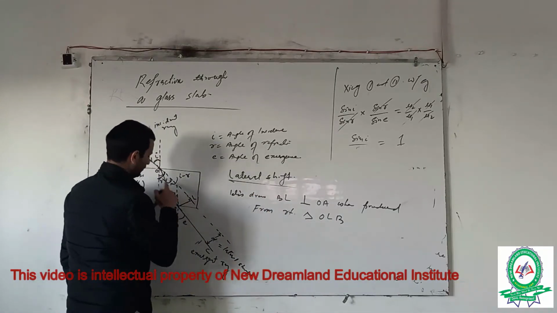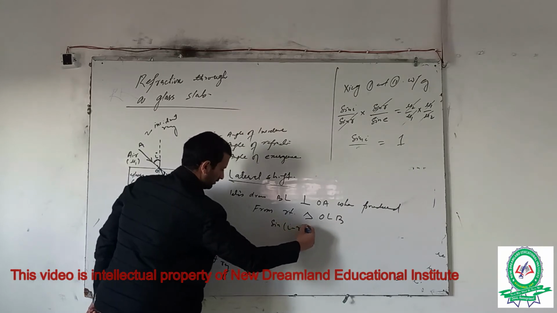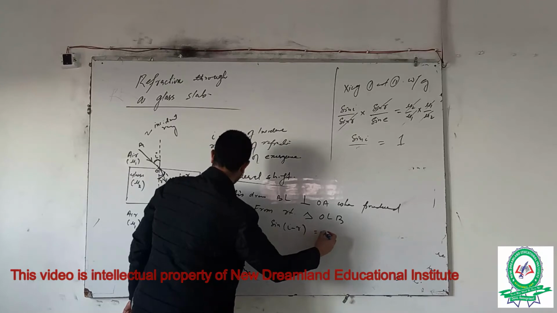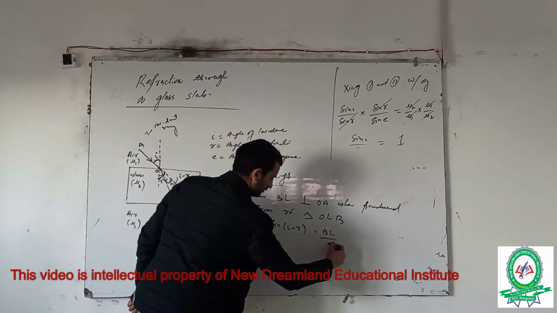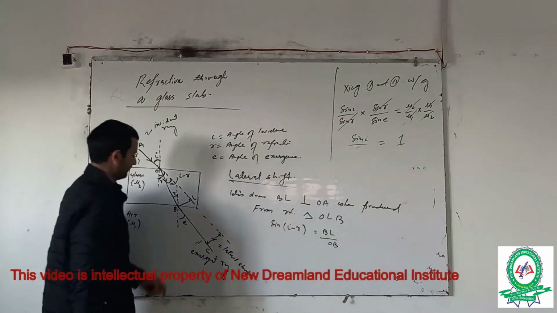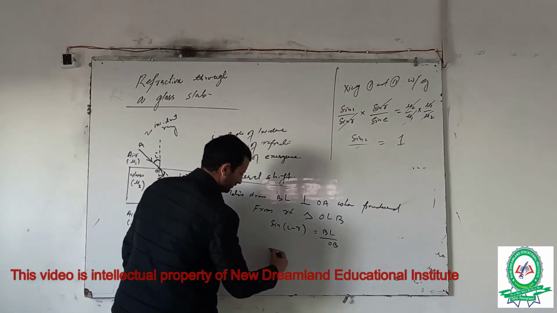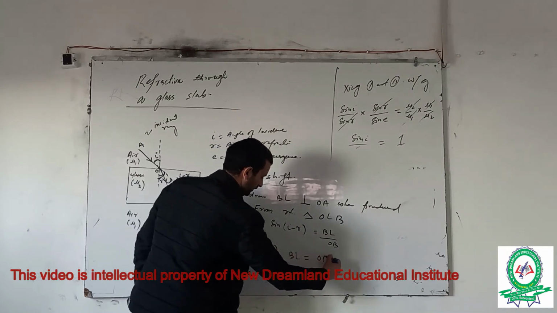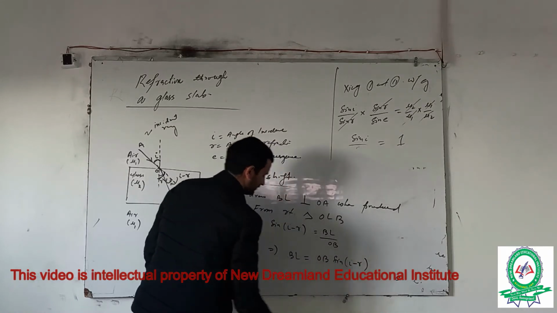And from this triangle OLB, sine of I minus R will be perpendicular, that's BL divided by hypotenuse, which is OB, perpendicular divided by hypotenuse OB, or we get BL equal to OB into sine of I minus R.